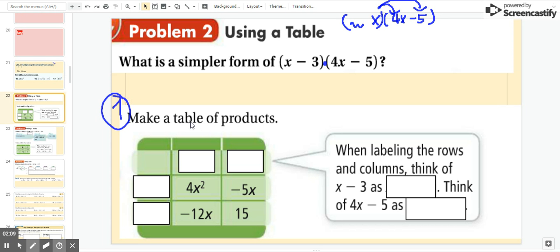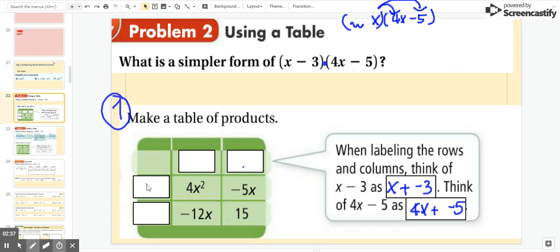So number 1, I'm going to make a table of products. Before we do that, we need to think about when labeling the rows and columns, x minus 3 is going to be x plus negative 3. 4x minus 5 is going to be 4x plus negative 5.